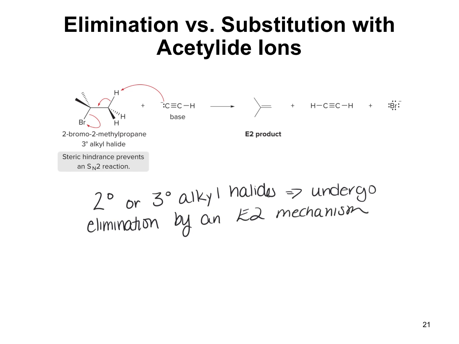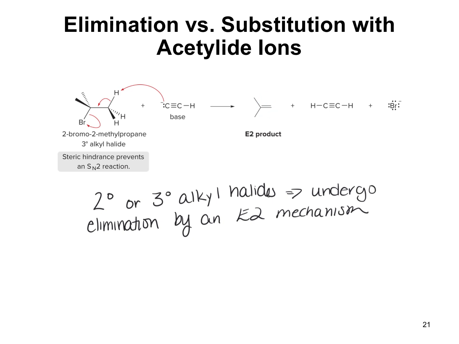An example of the E2 mechanism is shown here, where we have an acetylide ion that comes up here and it grabs that proton. These electrons come here to make a double bond, and the bromine is the leaving group here. We end up with our E2 product here.